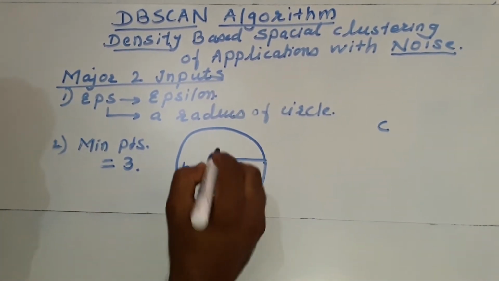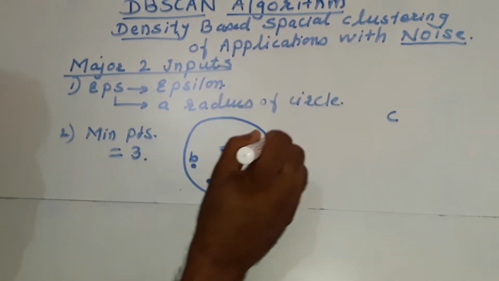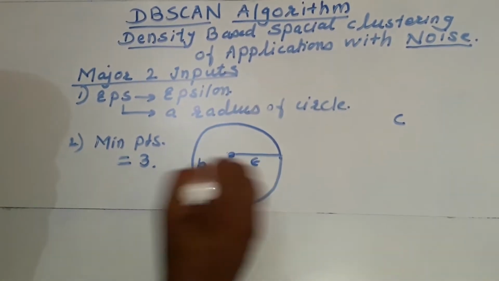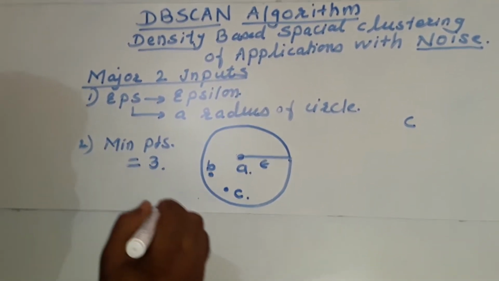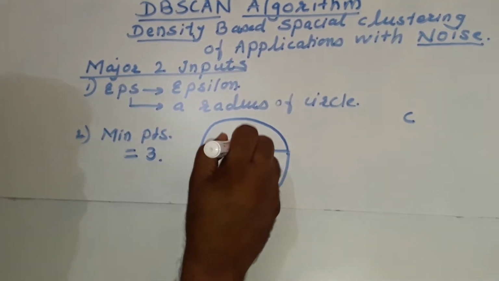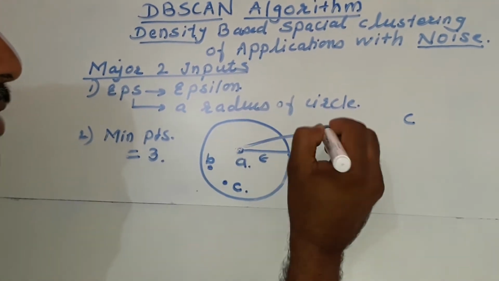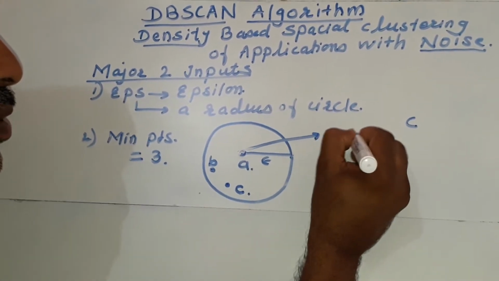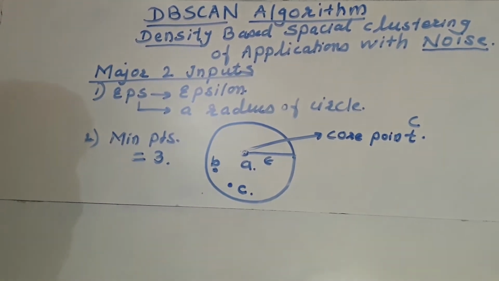After drawing the circle, we can see three data points come up in it, and the minimum points is 3. As the circle contains three data points including the initial one, we can say that data point A is a core point, right?